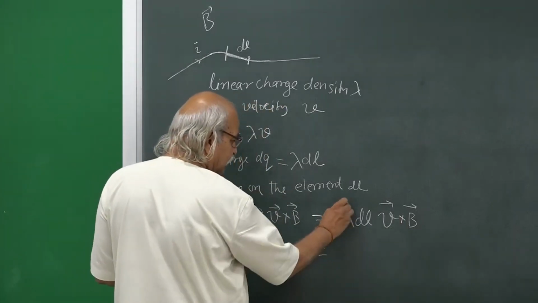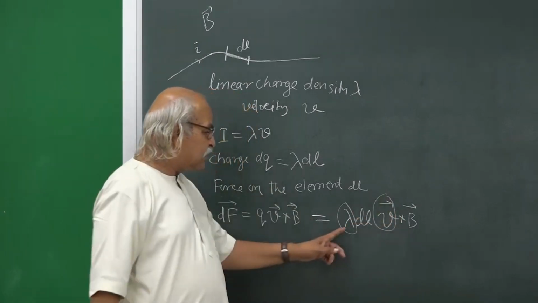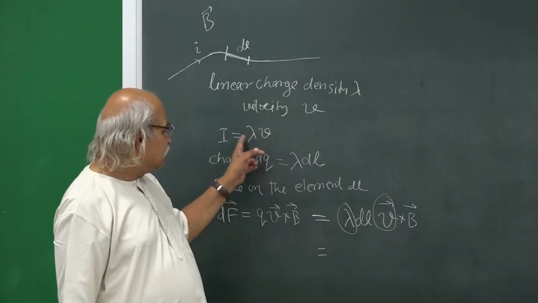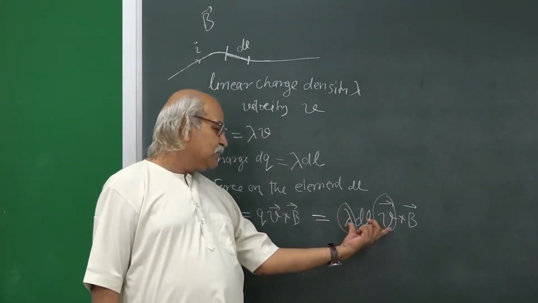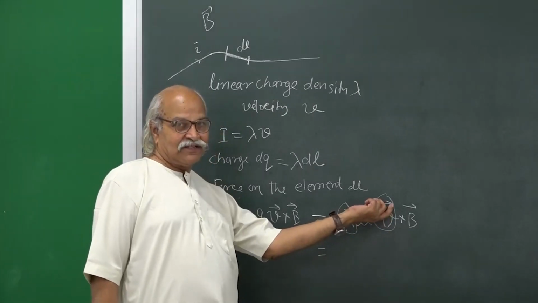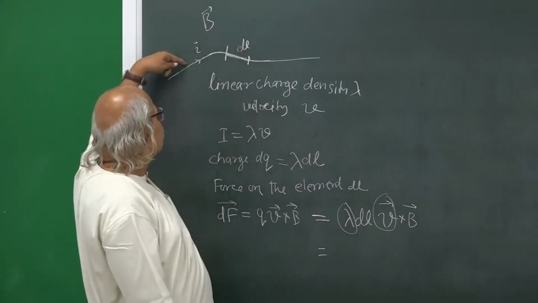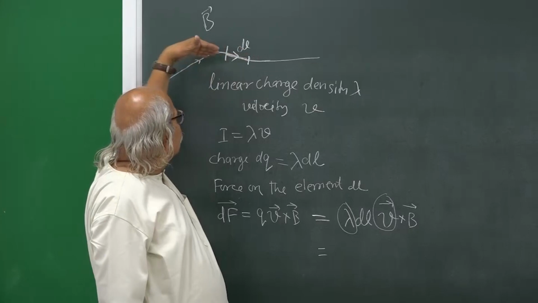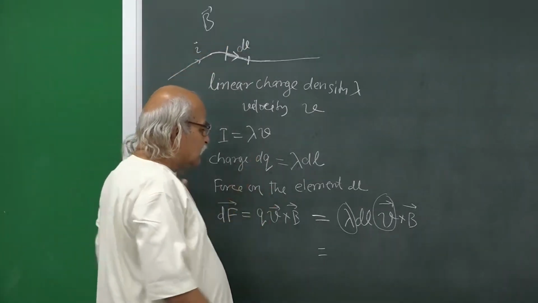Now, lambda times v is the current, and this we can write as I, but we cannot put a vector sign over that. The direction of current is the same as the direction of dl, current is going this way. So, the direction of I is the same as the direction of dl, so we will put the vector on dl.